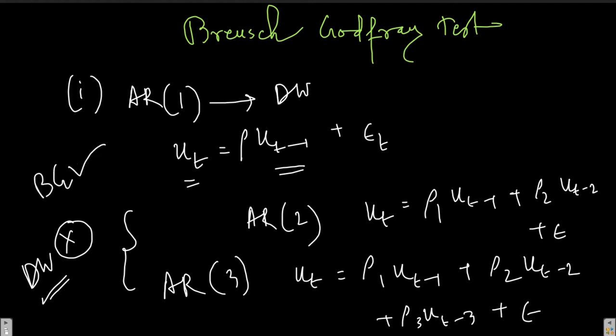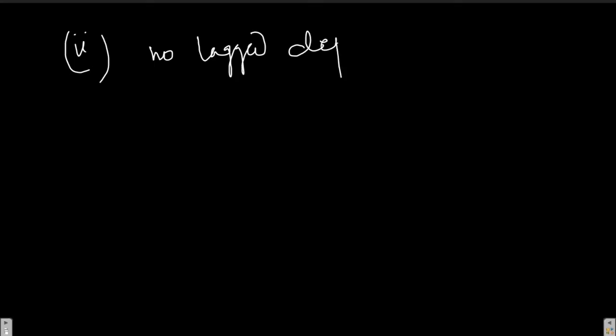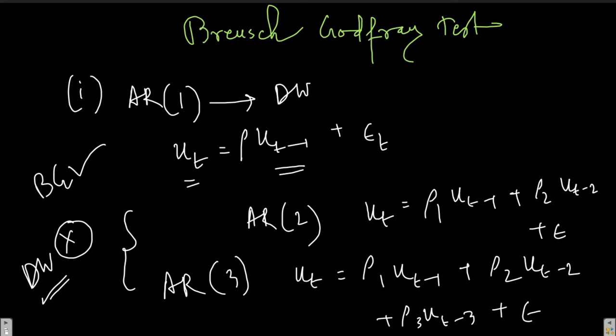The second limitation that we have seen in case of Durbin-Watson statistic is that we cannot introduce the lag dependent variable as regressor when the dependent variable is the error term. We have seen previously that we identify a regression equation from which we predict the value of rho.